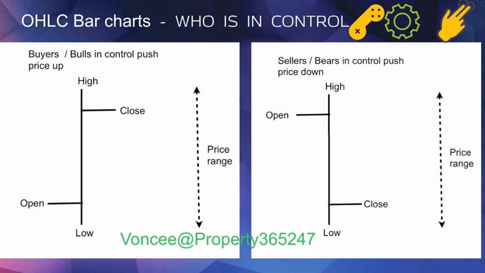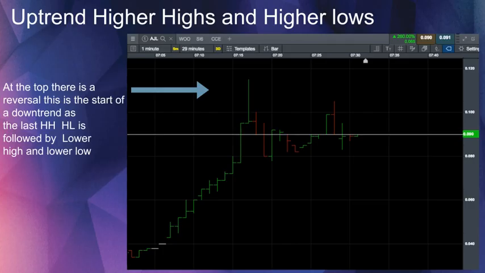So here many people were selling. You can see that the opening is actually higher than the close, so sellers were in control. On the first one, RNU, you can see that the bulls were in control. The buyers opened it at 5 cents and managed to close it at 8 cents. So just think of it in a logical manner. Don't try and complicate it because your brain will explode.